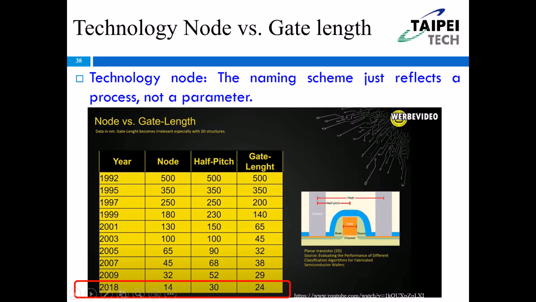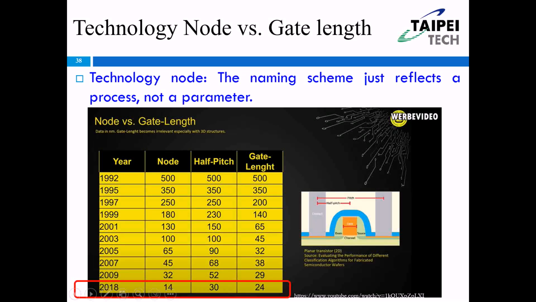And also, this slide shows you the real numbers, okay? The first column is year, the second column is the technology node, and the fourth column is the gate length. As I mentioned, around 10 years ago, the technology node is around 14 nanometer, and then the gate length just remains 20, okay?